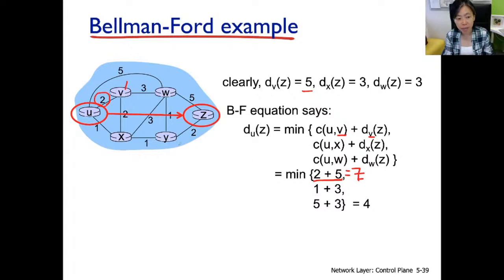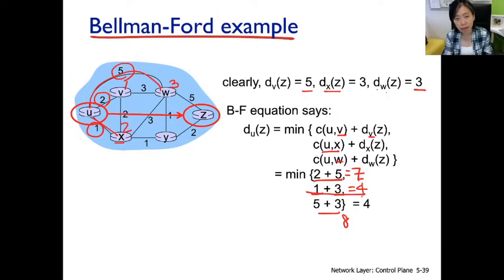Second neighbor, X. The link cost from the source to X is 1, and dXZ is reported as 3. So this is 4 here. Wow, nice. Third neighbor, W. The link cost is 5, and dWZ is 3. So together, 8.